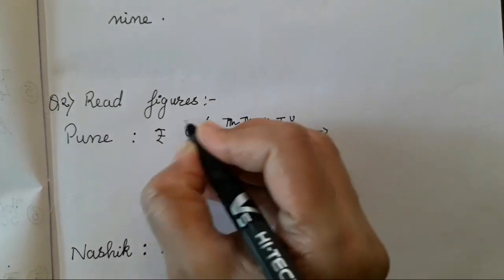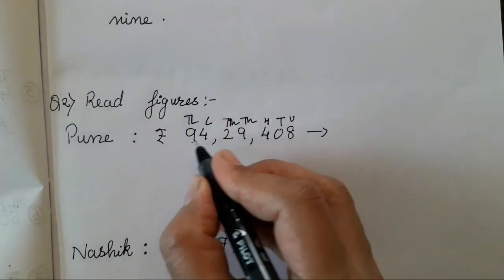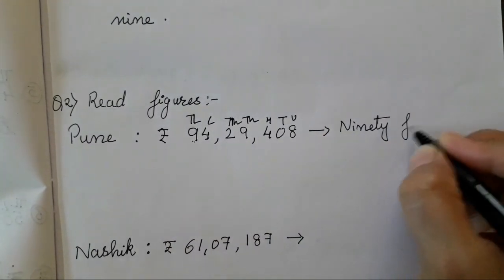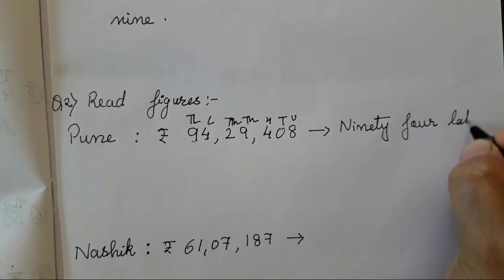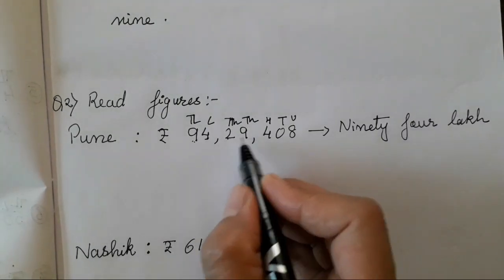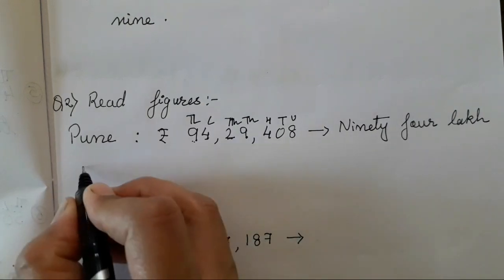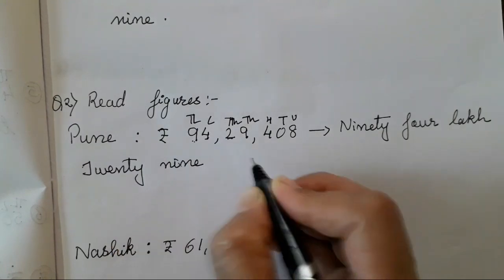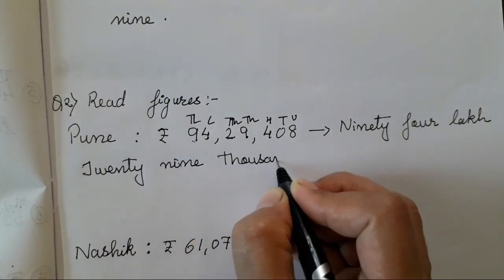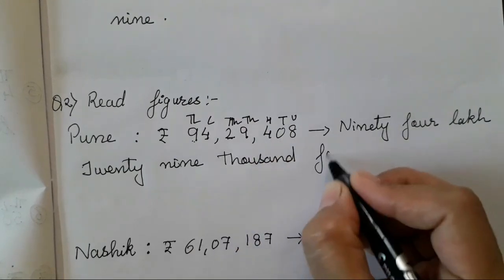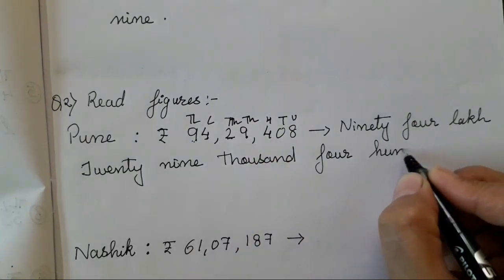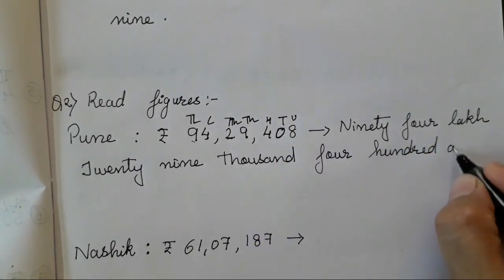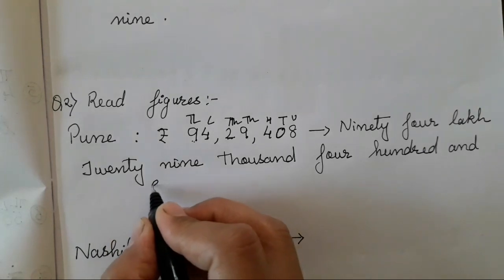This makes your sum easy to read. 94 lakh, 29,000, 400. There is no number at the tens place, so directly and 8.